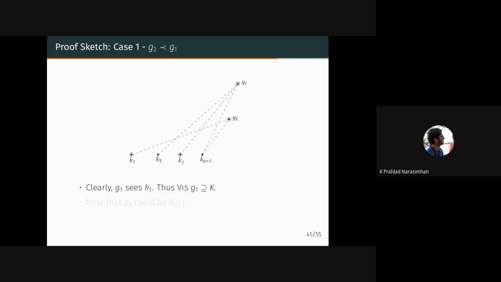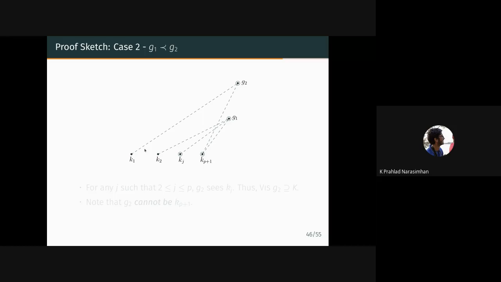Therefore, we are done in this case. Note that I have not used the fact that G2 is not Kp plus 1. Okay? So, we allow this. So, let's look at the last case, which was that G1 precedes G2. If G1 precedes G2, then again I can choose four vertices nicely, Kj, Kp plus 1, G1 and G2.